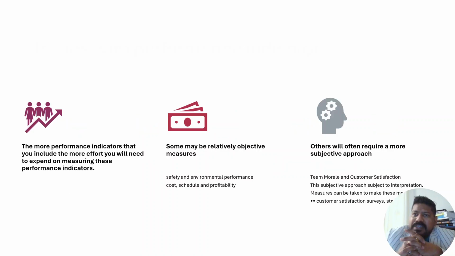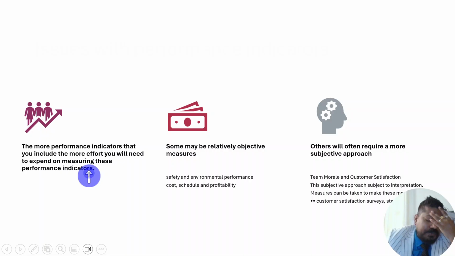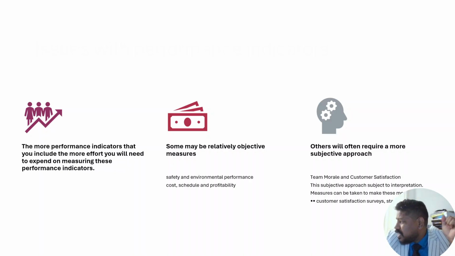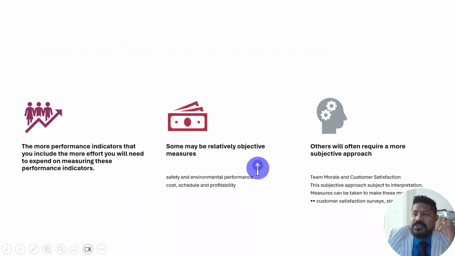The more performance indicators that you include, the more effort you will need to expend on measuring them. So it should not be too complex. Recommended is 4 to 5 key performance indicators. And if you want more than 4 to 5, keep 4 to 5 key performance indicators for the first few months, and then replace them with the new ones or the other ones.